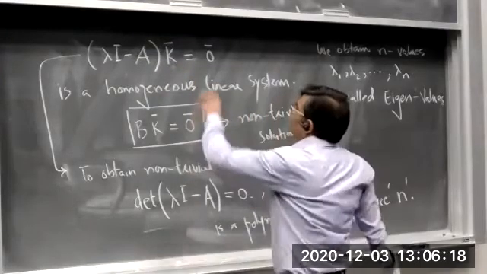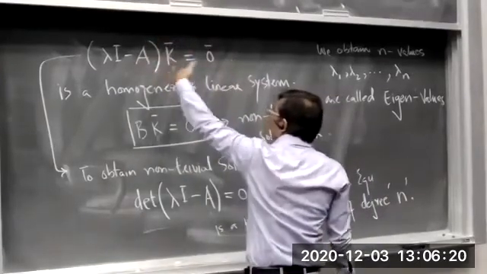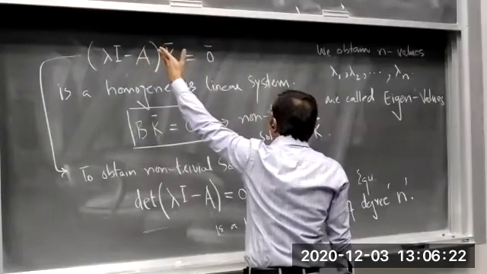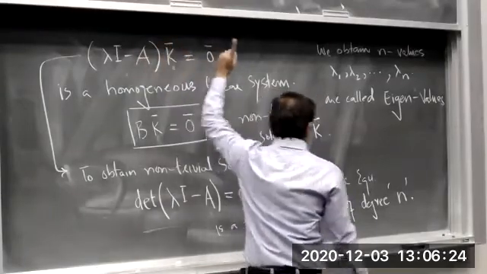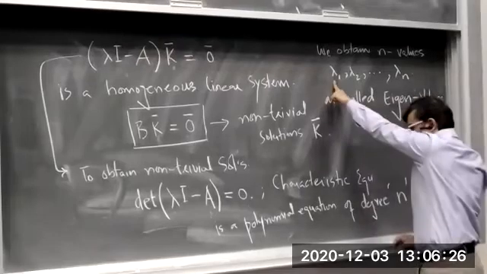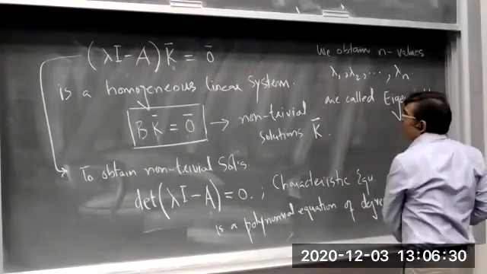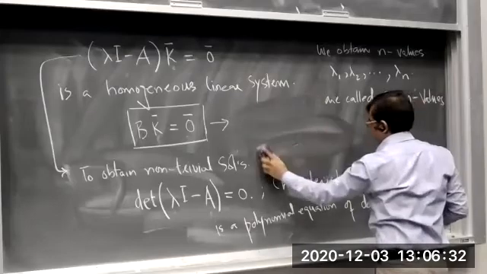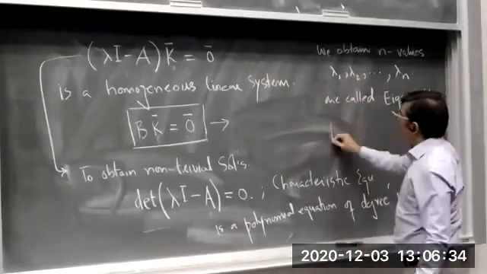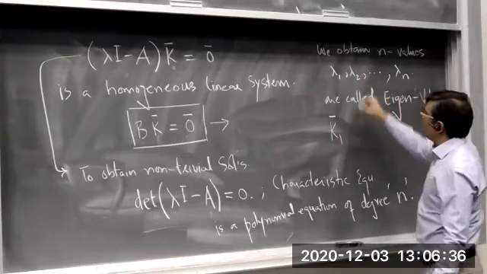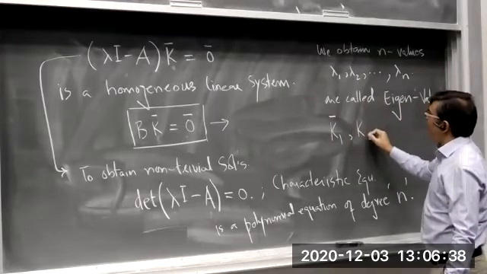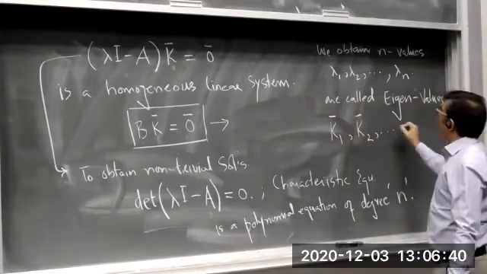By solving this homogeneous linear system, we can obtain k1 corresponding to lambda 1. Corresponding to lambda 2, we can find k2 vector, and so on.